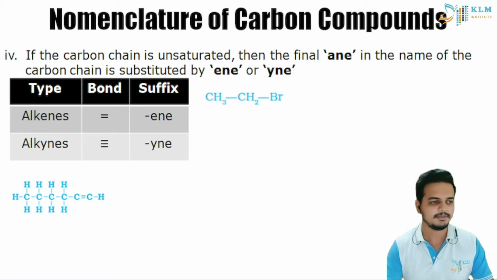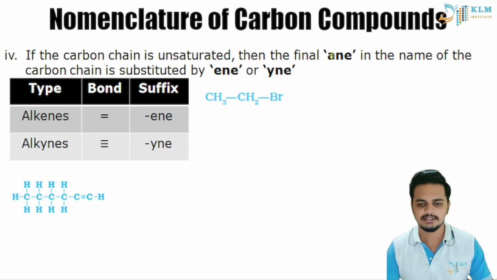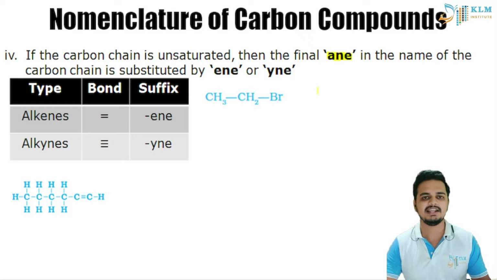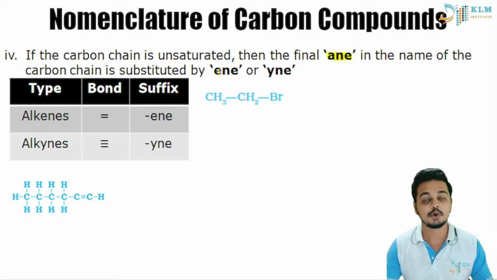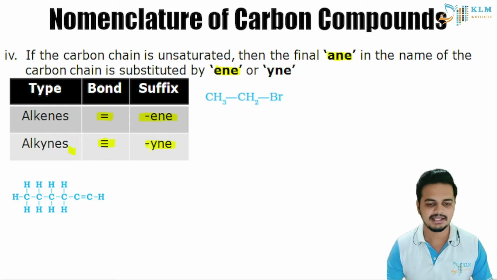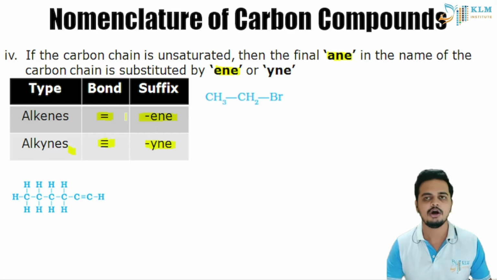As we did, the final ANE, such as methane, ethane, propane, butane, pentane, hexane, all becomes propene. Okay. If there is a double bond present, it becomes ENE. And if there is a triple bond present, it becomes YNE, propyne or butyne, for example.